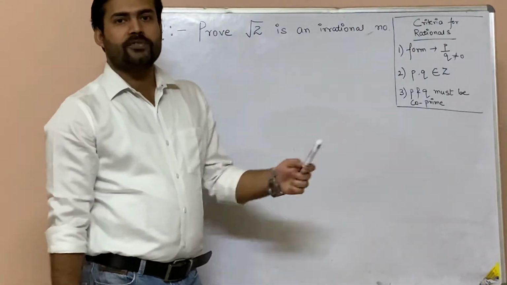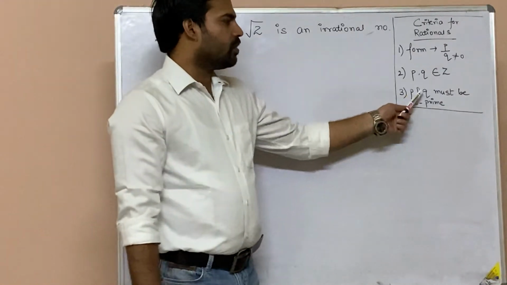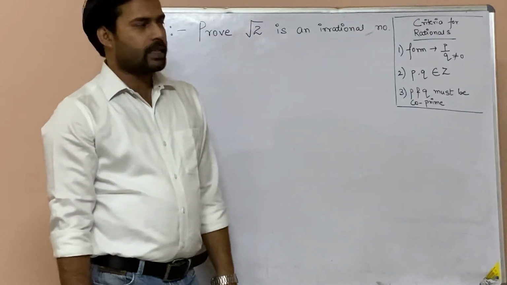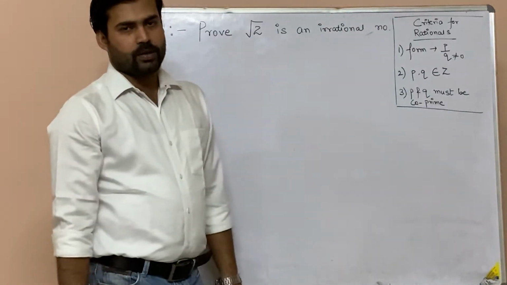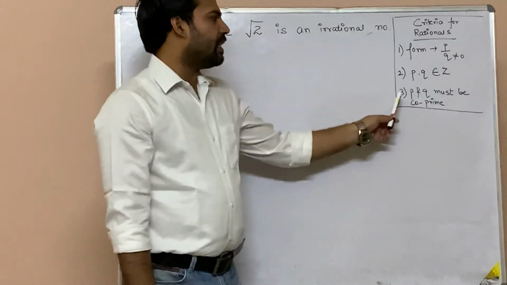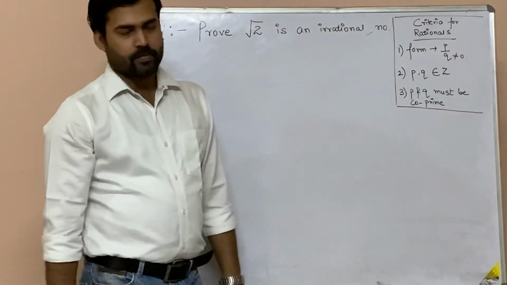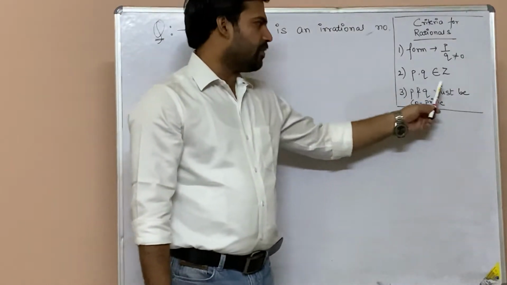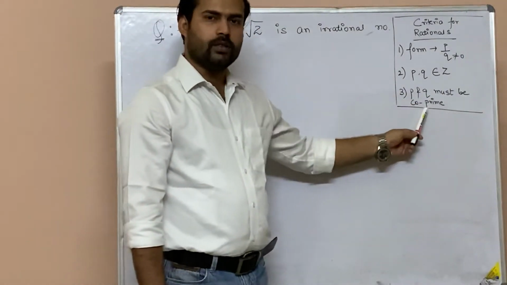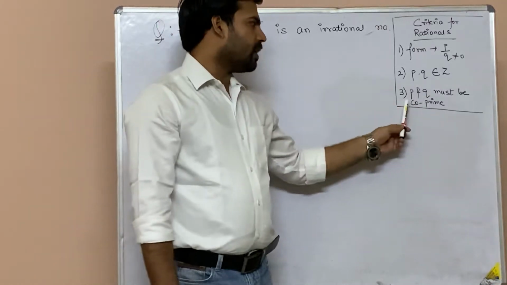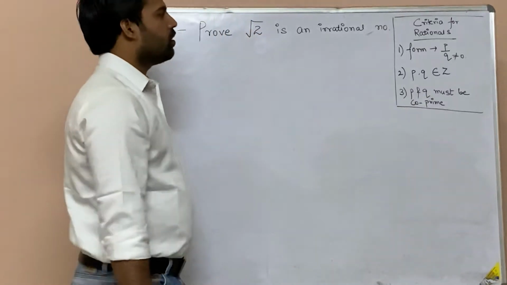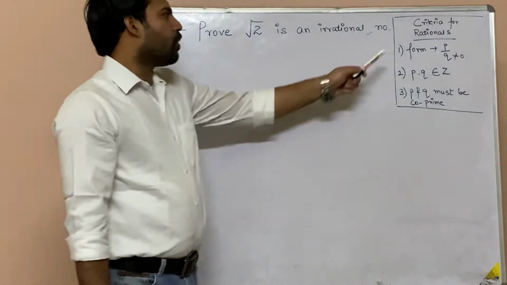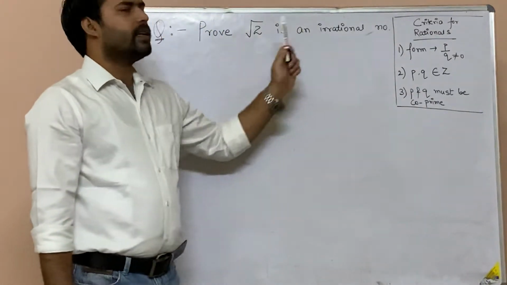Now if you look at my first video, I discussed what common factors mean. That means no particular number will be dividing P and Q simultaneously. Clear? If you are still having doubts, you may look at my first video that will explain what co-prime numbers are. So these are the properties for rationals. Based on these properties, I will be proving root 2 an irrational number.